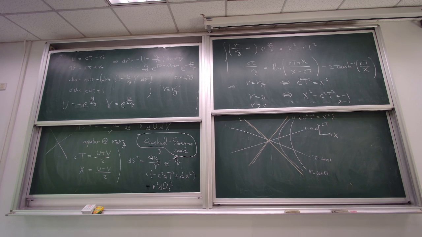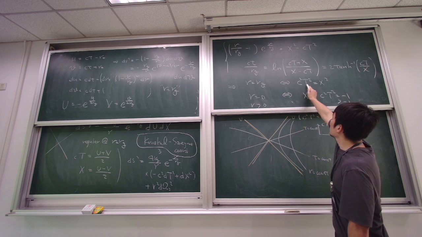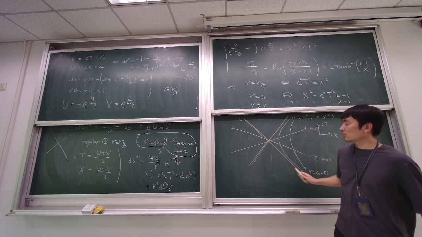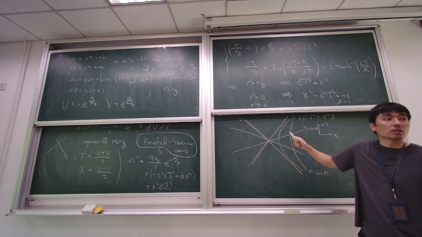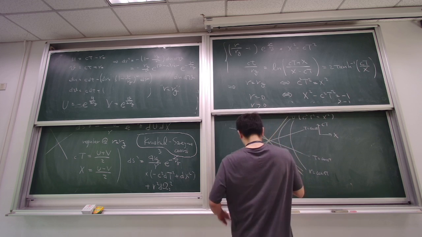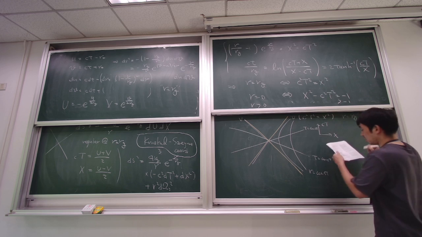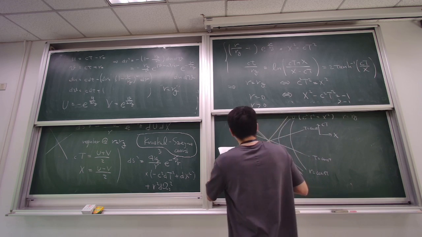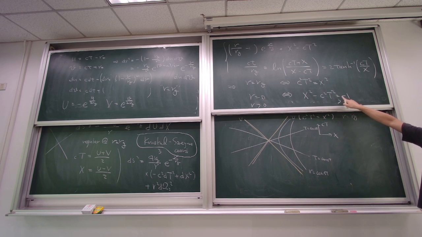Is it okay so far? And then r equal to rg is in fact c squared t squared equal to x squared, which means the really 45 degree orange lines. So these orange lines are r equal to rg. And r equal to 0 is x squared minus c squared t squared equal to -1.